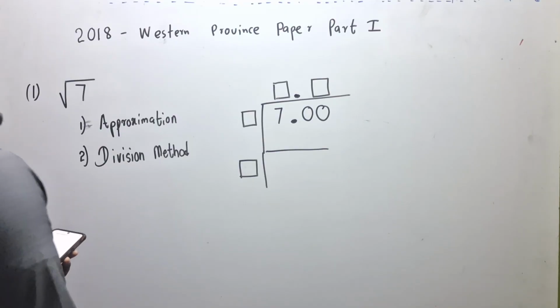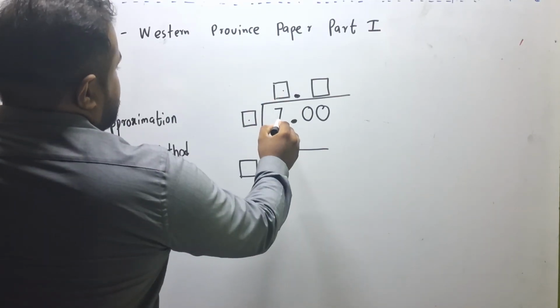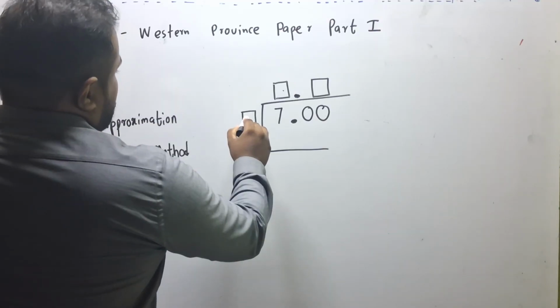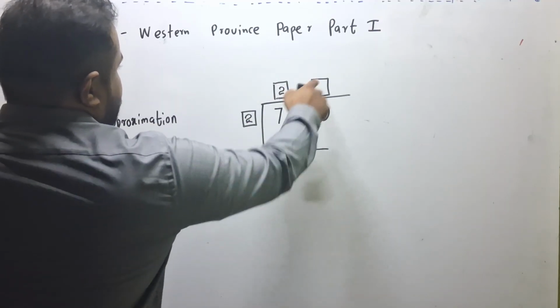Now what we have to find is the perfect square which does not exceed 7. It's 2. To this box you have to input the same digit.